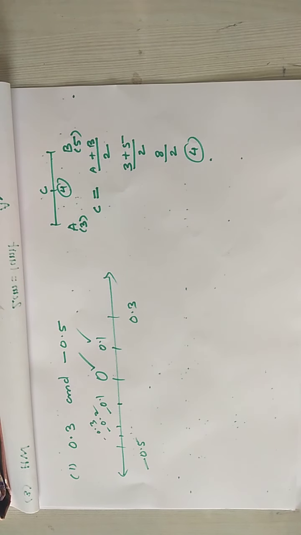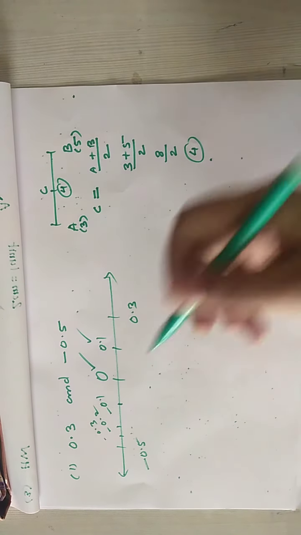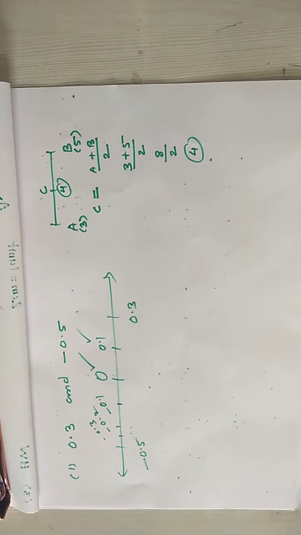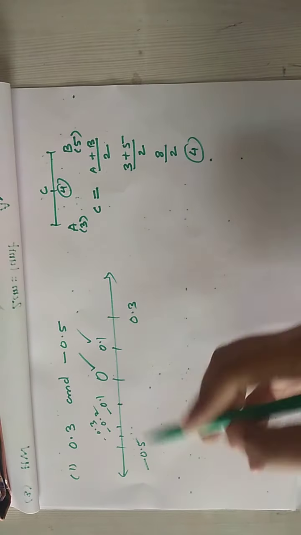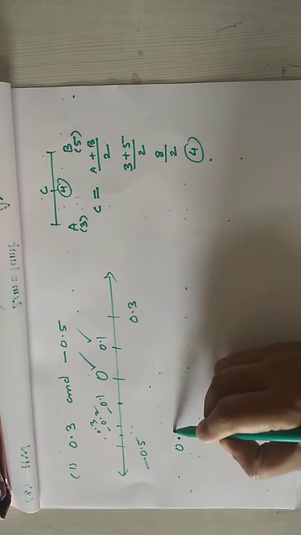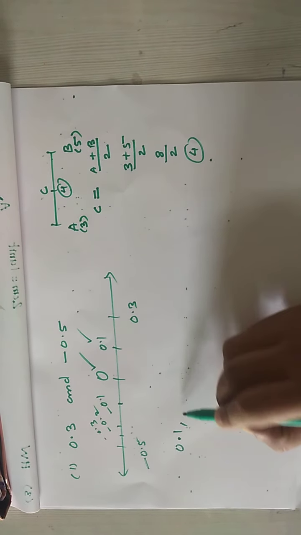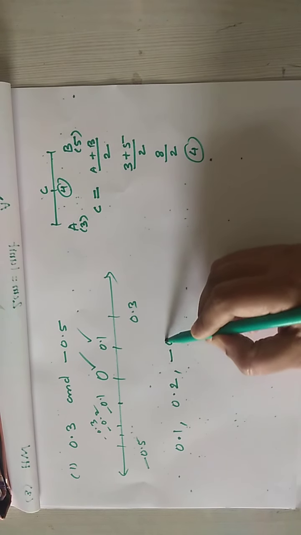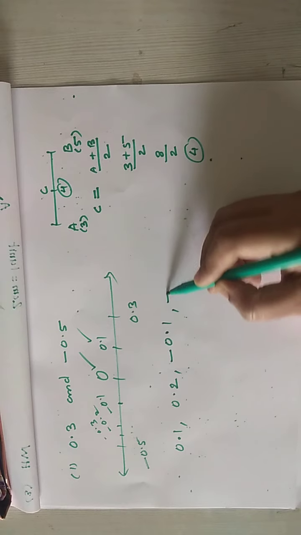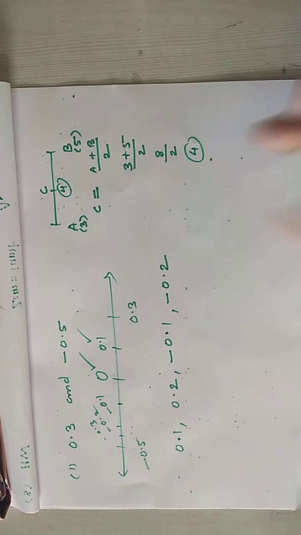So if you know the number line very well, children, this sum can be solved very easily. The three rational numbers which I can see are 0.1, 0.2 also, minus 0.1, minus 0.2. You can pick any three numbers from here.